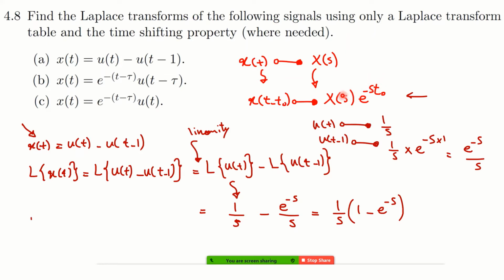If I do that for the Laplace transform of u(t minus 1), well, we know the Laplace transform of u(t) is 1 over s, and then we should multiply that by e to the power of minus s times t0, and t0 here is 1. So I replace t0 by 1, and we would have e to the power of minus s. Okay, I put it here. Then I can simplify that and write it in this form.